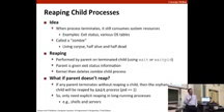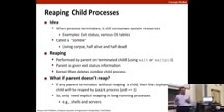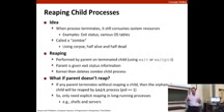So we only really have to worry about reaping zombies in the case where we have long-running parents like shells or servers, right? Because a server may create millions of child processes. Each one of those child processes, when they terminate, becomes a zombie, and they have state, which takes up room in the kernel.